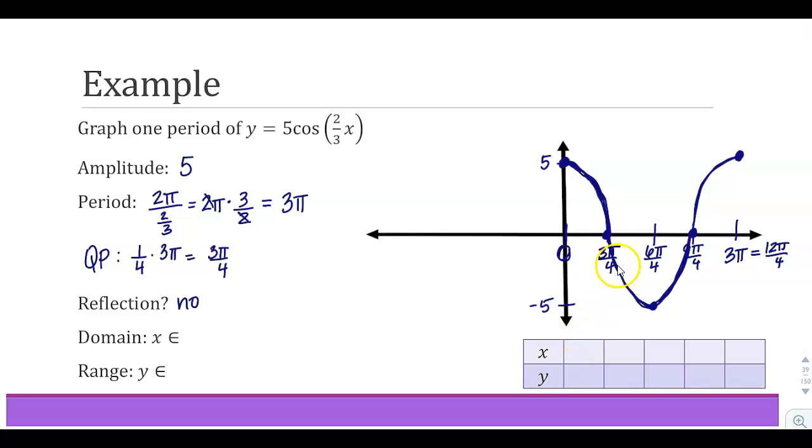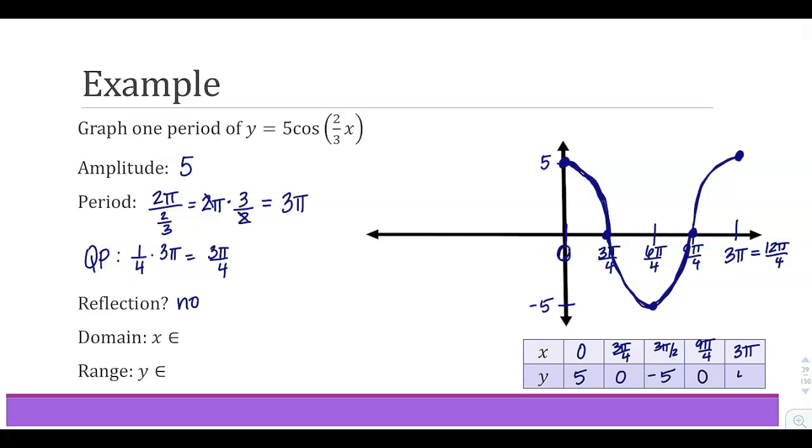So now, to really clarify exactly what points I know are on this one period, I'm going to fill out the table. So I have 0, 5. I have 3 pi over 4, 0. 6 pi over 4 reduces to 3 pi over 2, negative 5. Then I have 9 pi over 4, 0.